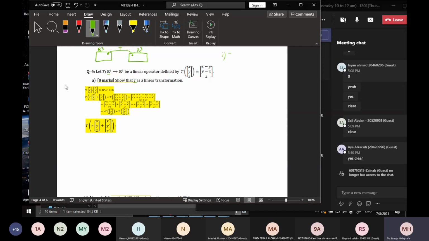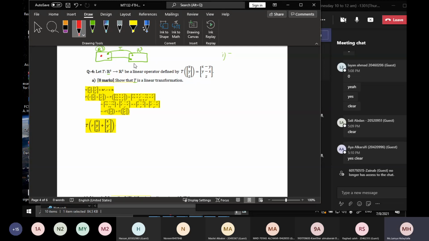Yes? If we have another vector, let's take this one, and I apply the transformation on this vector, I should get another vector here. Now, since this is a vector space, then the addition of these two vectors should be here, correct?